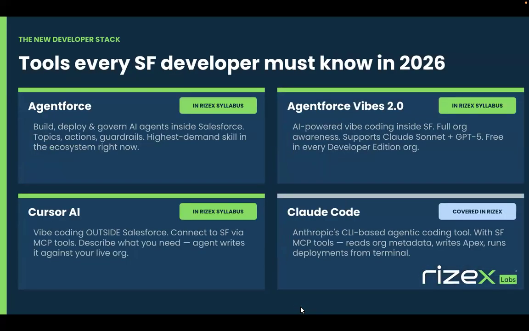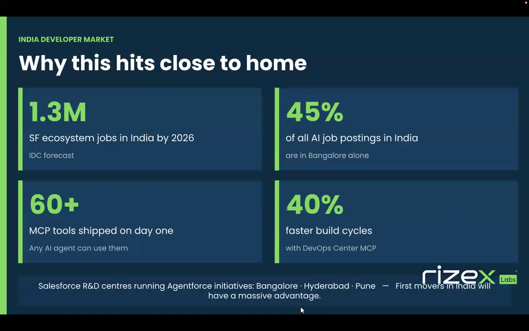Now, why should India care about it? India is the biggest Salesforce market. According to industry reports, Salesforce ecosystem jobs in India are growing rapidly. Bangalore alone has huge AI demand, and Salesforce has a research center there as well.